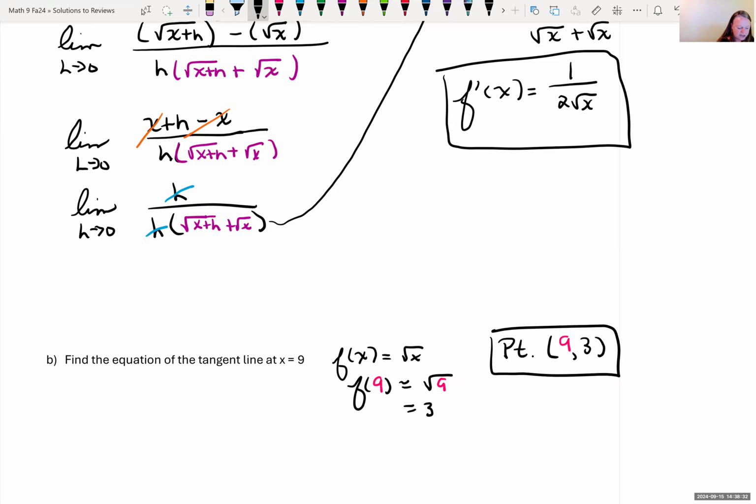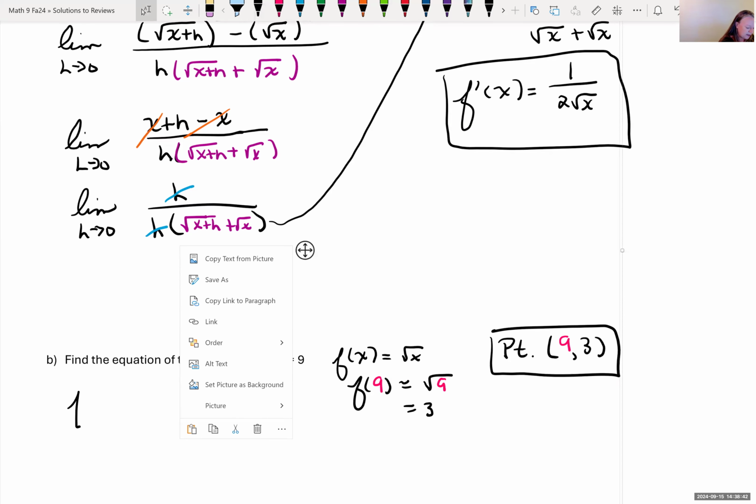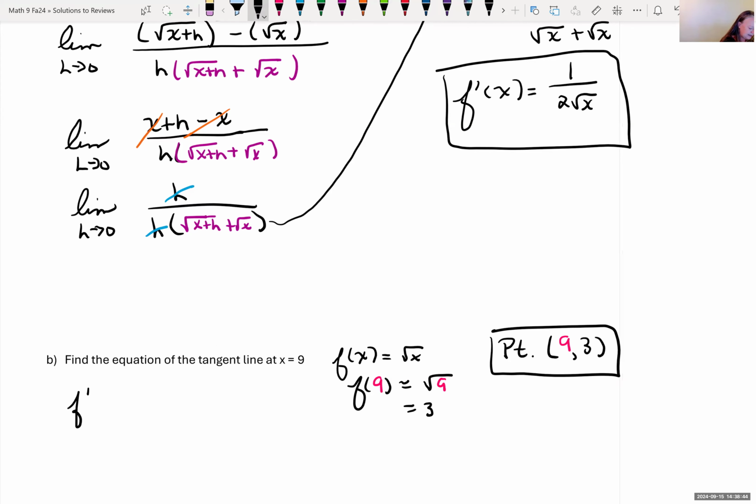To find an equation of a line, we need a point and we need a slope. We know the slope everywhere on the square root of x where it exists. We're going to find the slope exactly at x equals 9. So we're going to evaluate our derivative at 9.